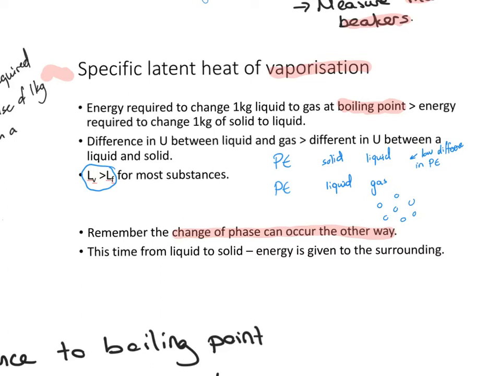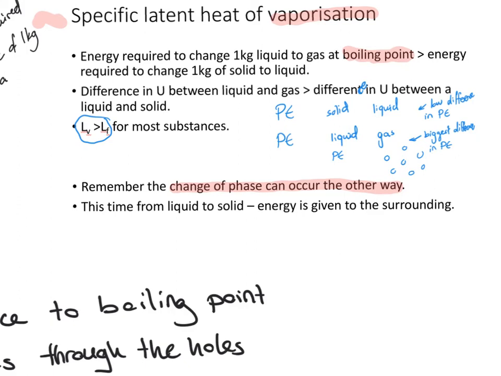But the liquid has negative potential energy, so that means that it will have the biggest difference in potential energy going from a liquid to a gas. So that means that the difference in internal energy going from a liquid to a gas is bigger than the difference in internal energy between a liquid and a solid.